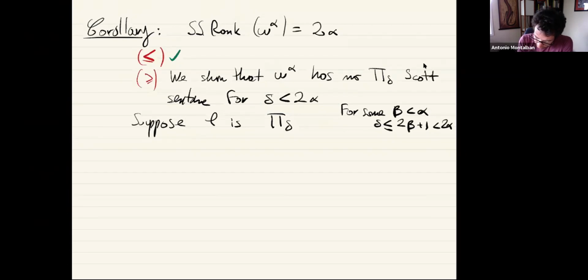Okay, but then what do we get? What is the connection between omega to the alpha and omega to the beta in terms of the back and forth relations?